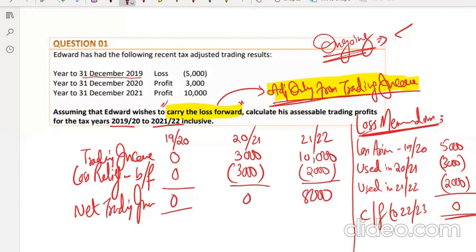So it's a relief, reducing my future profits and giving me a benefit in tax. This is the first relief, carry forward relief, and it can only be adjusted from trading income. Any questions?